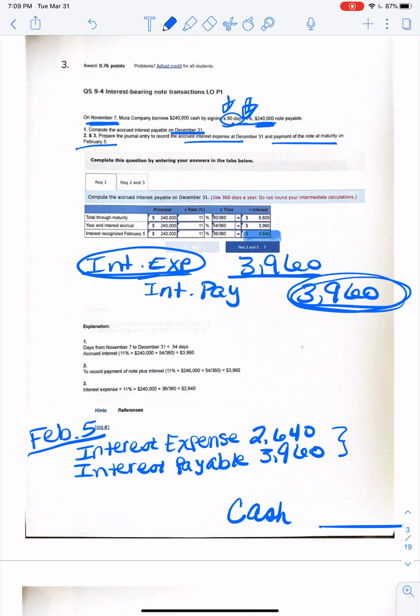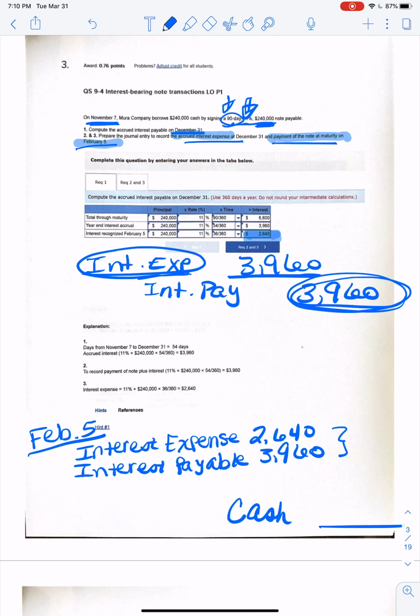And if you're following along, I hope your answer is no. Because what you should see is that we want to prepare the journal entry to record the accrued interest expense, which we've done, right? That is this right here. But we also want to record payment of the note at maturity on February the 5th. And right now, if I just do this and credit cash for $6,600, I've not paid off that note.